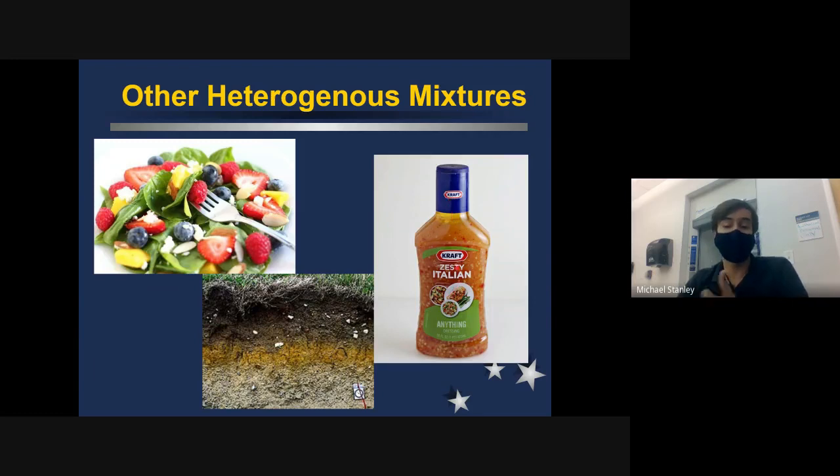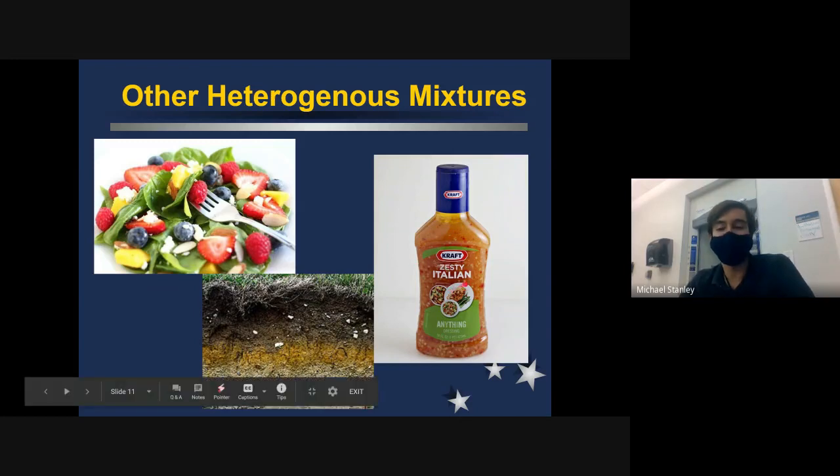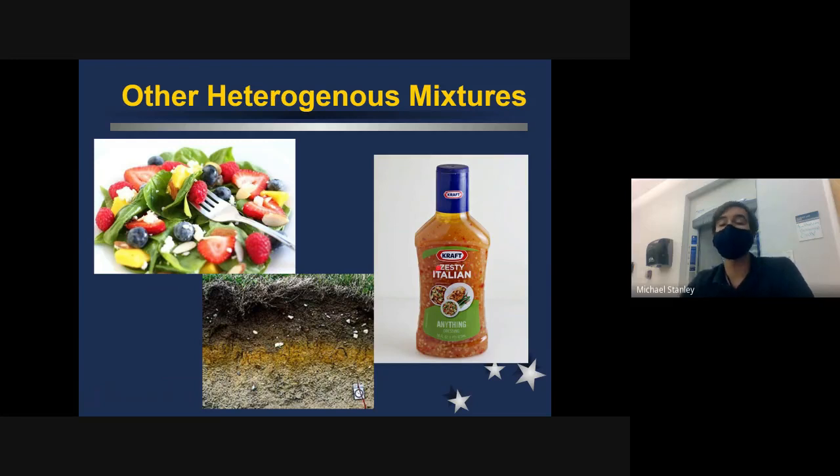Same thing with, speaking of dressing, if you use a zesty Italian dressing for salad or for chicken or something like that, you can see that besides the water and oil that make up the base of the dressing, we've also got all these little floating around pieces of garlic and peppers in there.